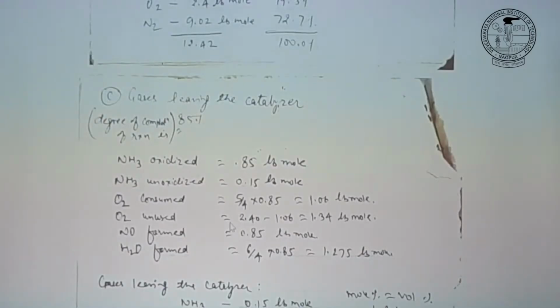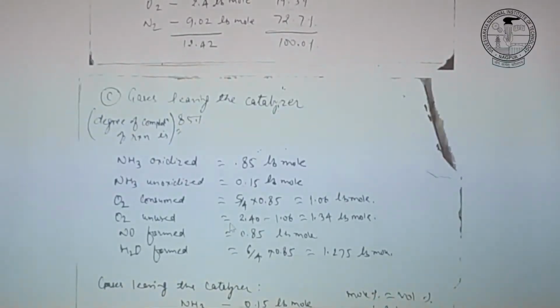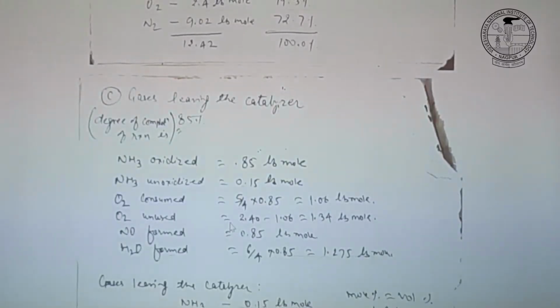In the outlet of the oxidizer, there will be 0.15 lb mole of ammonia unoxidized.